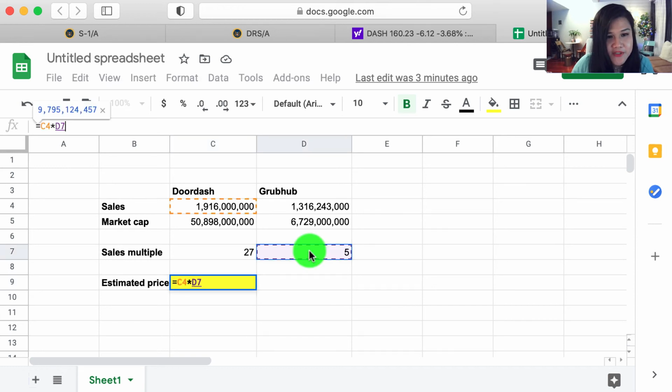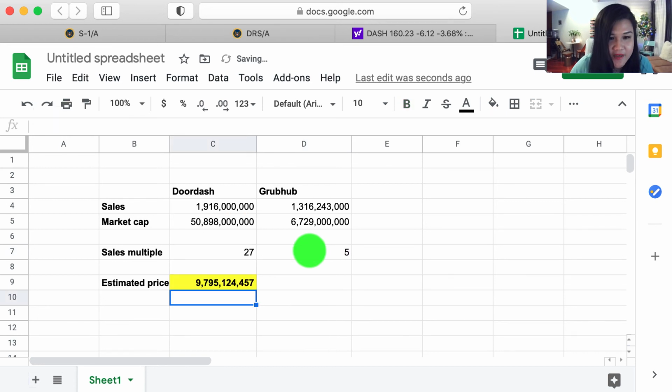Now, if I were to apply a sales multiple of 5 to DoorDash's sales, I would get an estimated price of $9.8 billion. So if you were to buy DoorDash's stock at $160 today, there's a chance that you may lose 80% of your value when the market fixes itself.